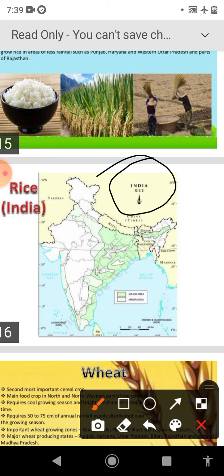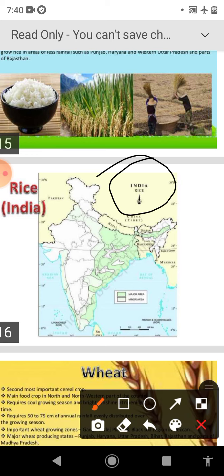Rice is cultivated in almost all the states of India, but most of its cultivation is concentrated in the river valleys, deltas of rivers, and the coastal plains. The main rice producing states are West Bengal, Andhra Pradesh, Uttar Pradesh, Bihar, Punjab, Odisha, Karnataka, Assam, and Maharashtra.